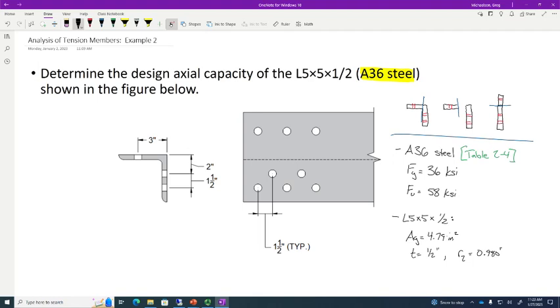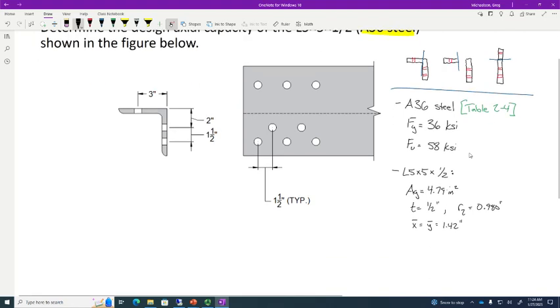Now, let's just go ahead and ask, what are those? So we'll say X bar equals Y bar equals 1.42. I want you to remember this moment a little later in the problem when we talk about X bar and Y bar, because how we use those is going to be a little unique. We'll get there.